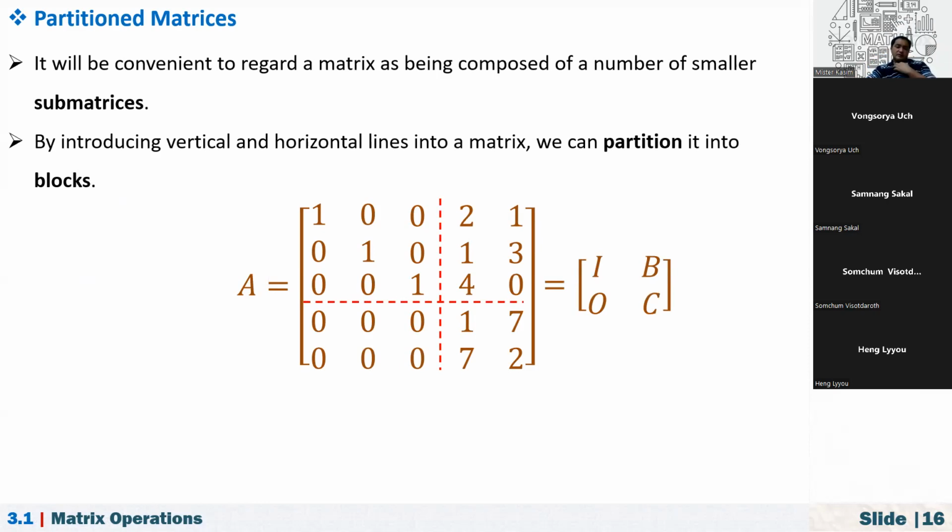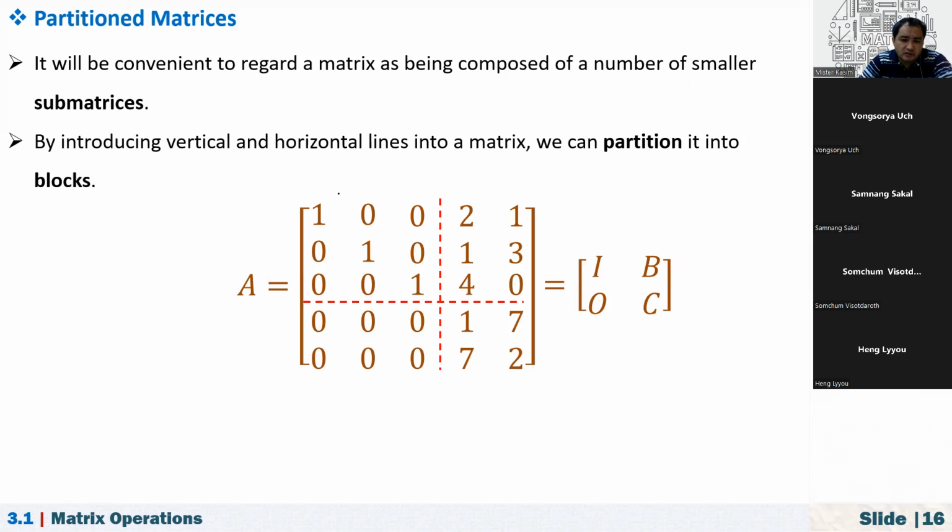Partitioning gives a lot of convenience when multiplying or adding two matrices, especially in multiplication. It will be convenient to regard a matrix as being composed of a number of smaller submatrices.